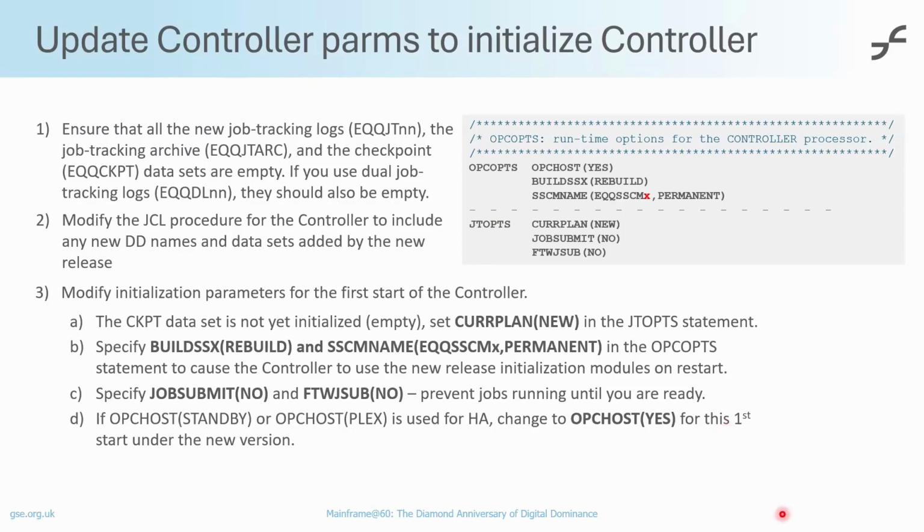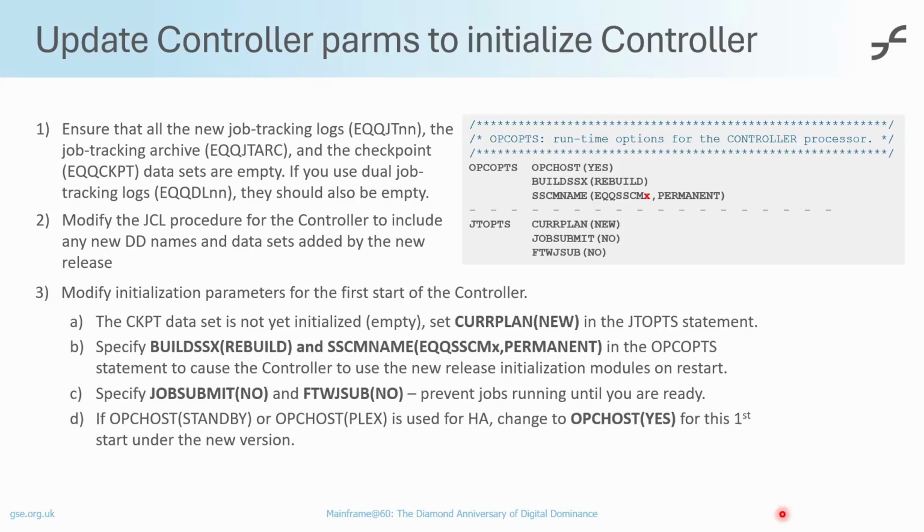So ensure the JT files, JTARCH, and checkpoint dataset are empty. You need to start with those files empty. And if you use the dual job tracking logs, they should also be empty.